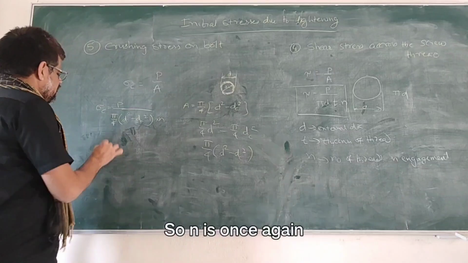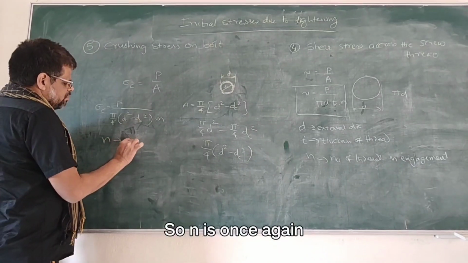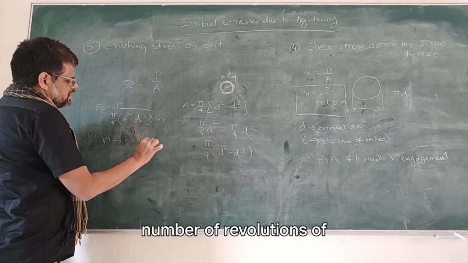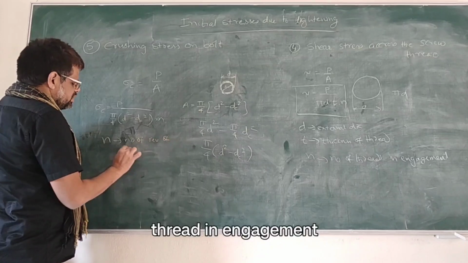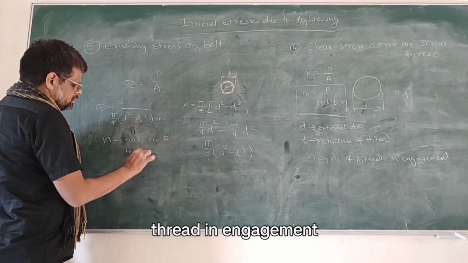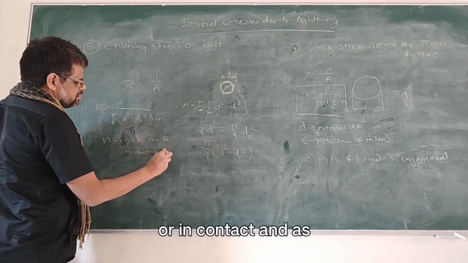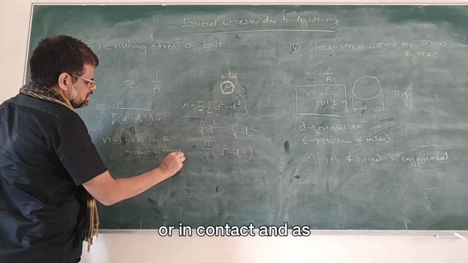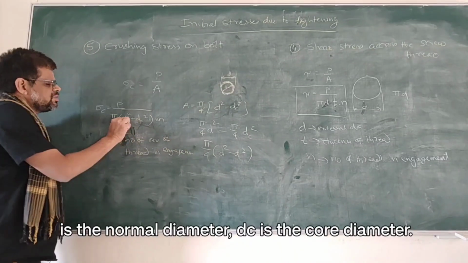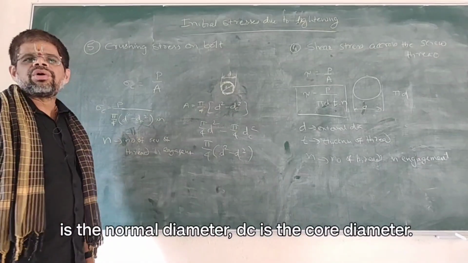Okay, so n is once again the number of revolutions of thread in engagement or in contact, and as usual D is the nominal diameter, DC is the core diameter.